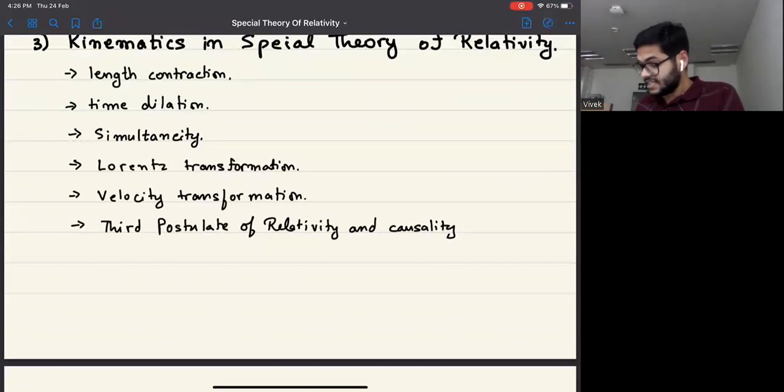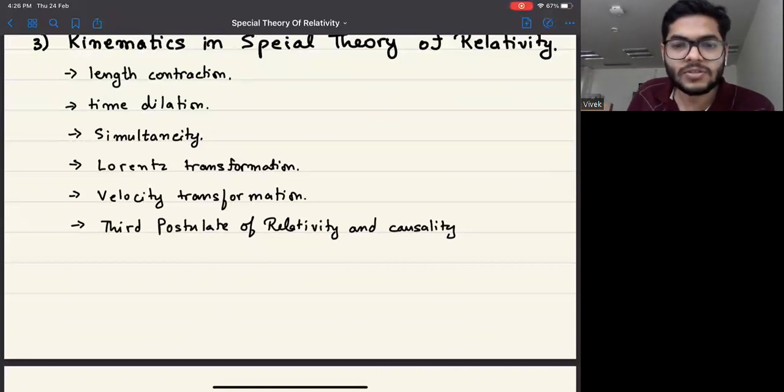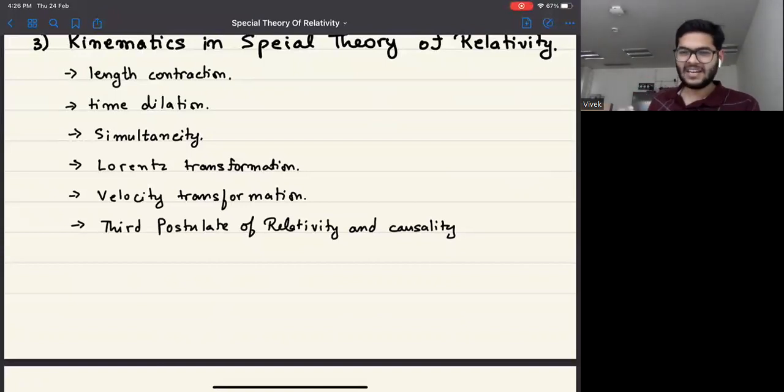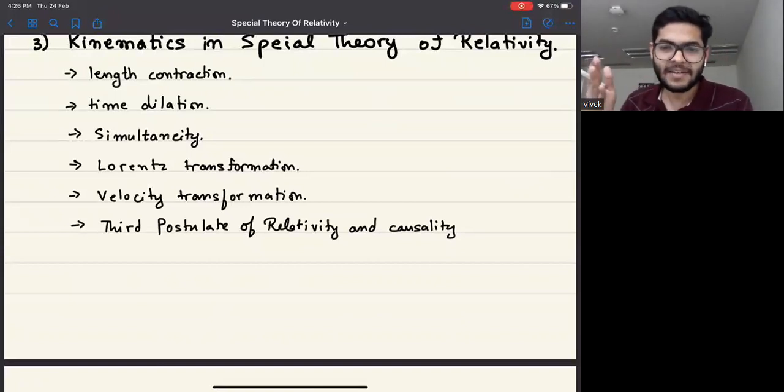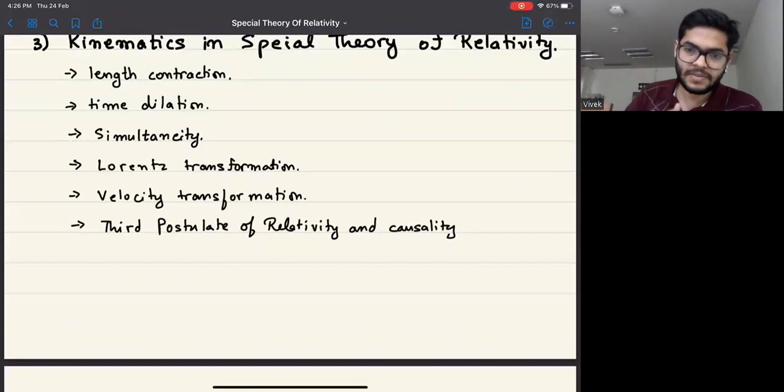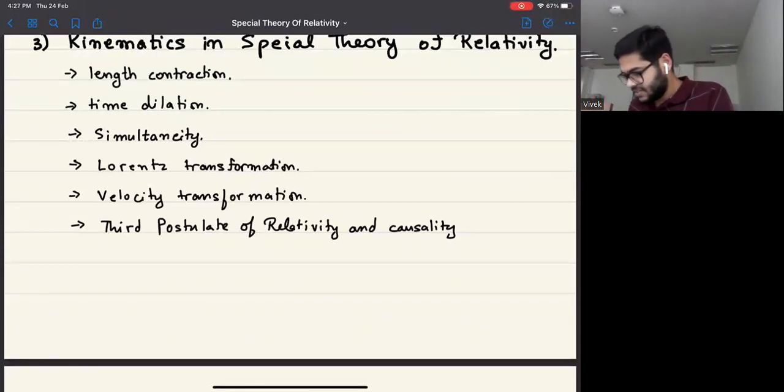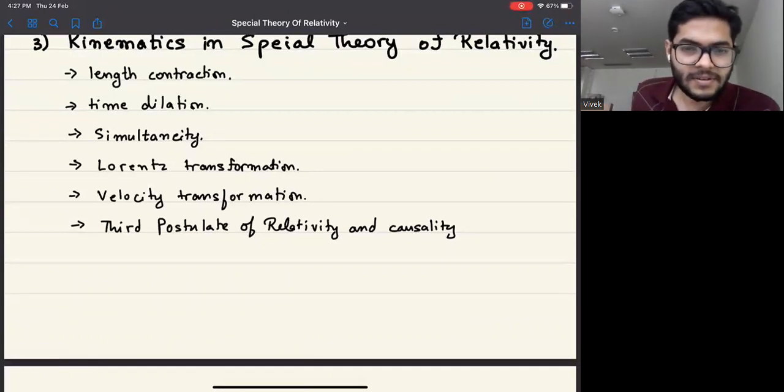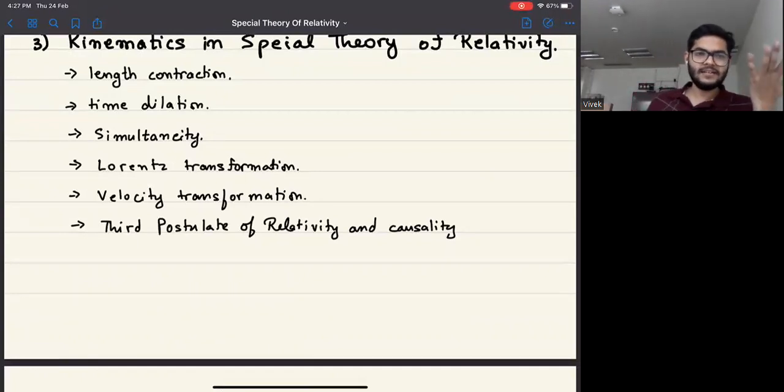And we will see that if we do not give importance to the third postulate of relativity, then causality really breaks down in the sense that effects can precede cause, and someone can kill his own mother before his birth and things like that, which are not acceptable from a very intuitive sense.